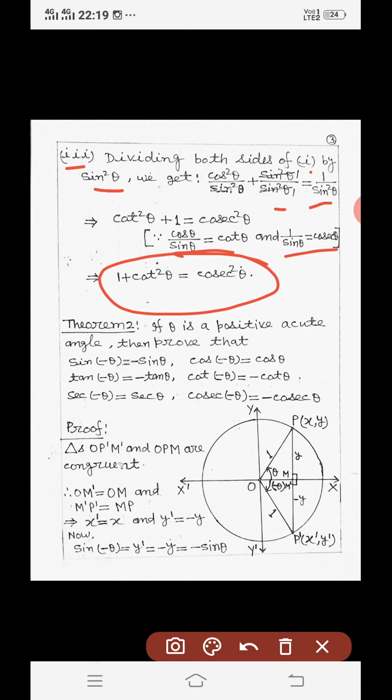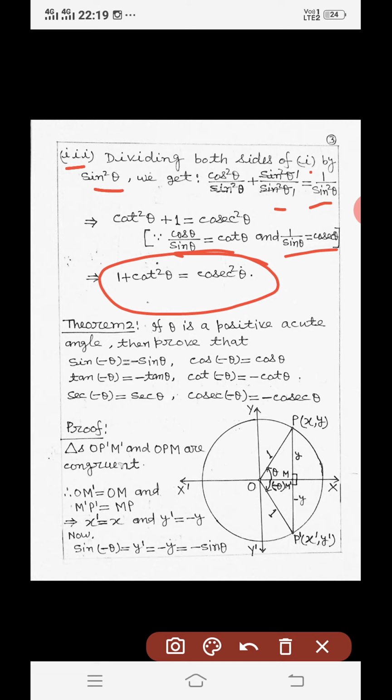Dear students, we have cos square theta plus sin square theta is equal to 1. Therefore, cos square theta is equal to 1 minus sin square theta and sin square theta is equal to 1 minus cos square theta. 1 plus tan square theta is equal to sec square theta.